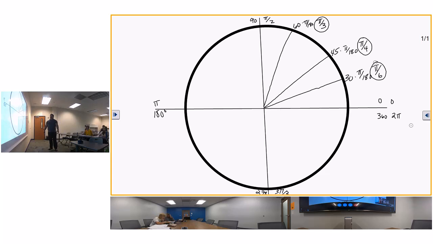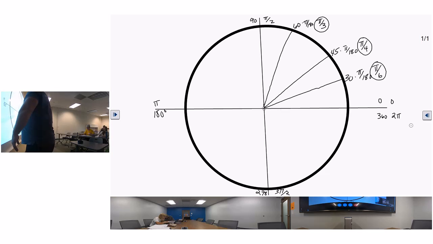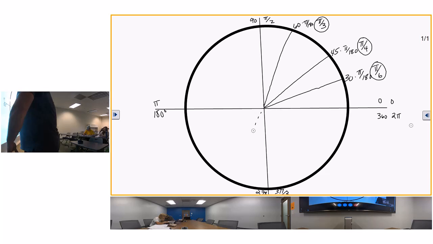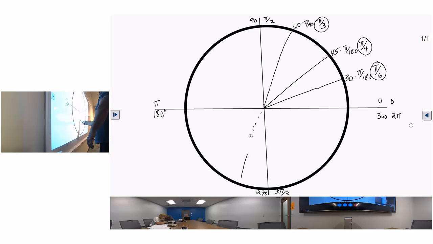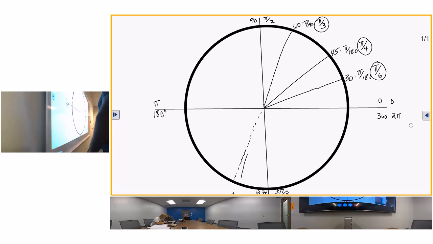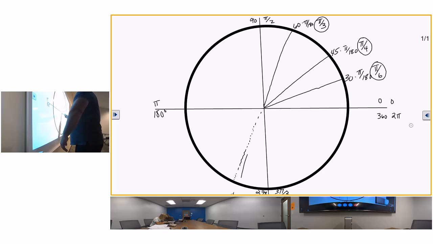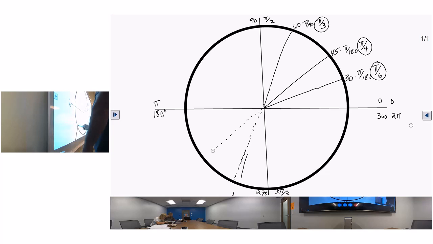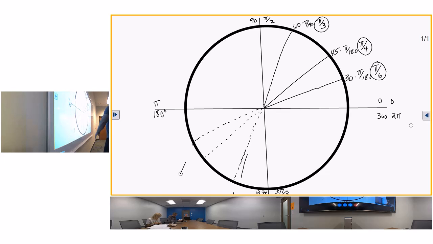How do you do the rest of it? Well, it's easy. Extend this one down here. Okay, so what is this angle?